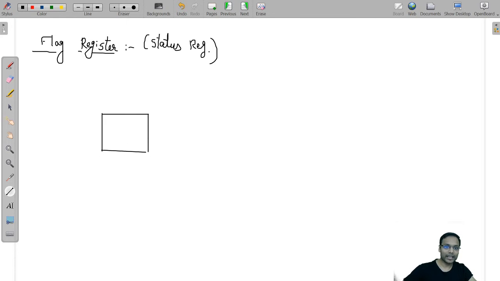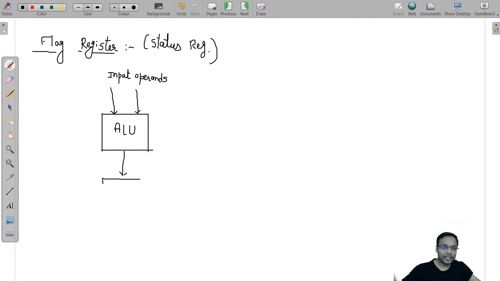Okay, this is the ALU. Till now, in the previous lecture, you have seen that the ALU takes two inputs. Those two inputs are input operands, and over those two input operands, the ALU performs the operation and the result is stored in the accumulator.